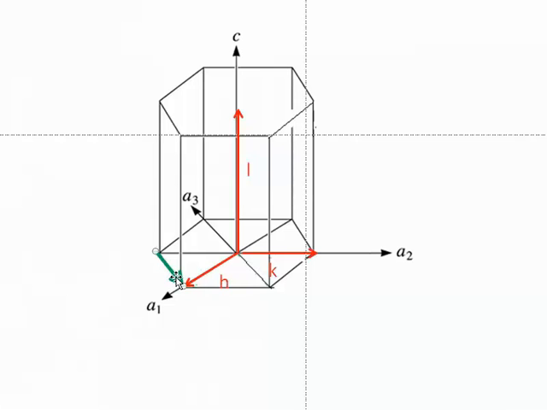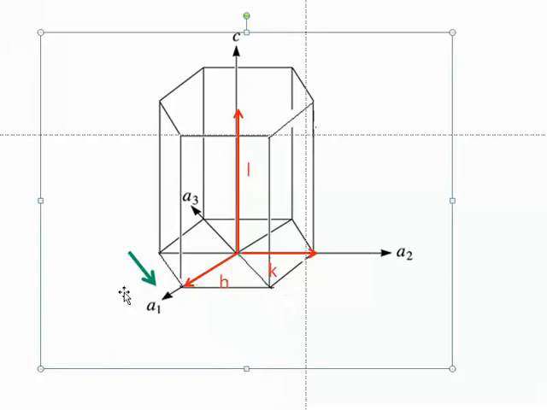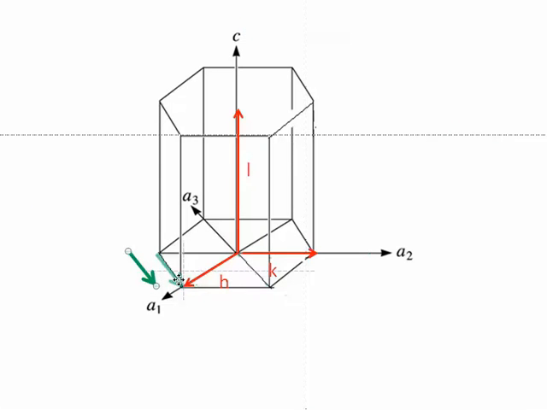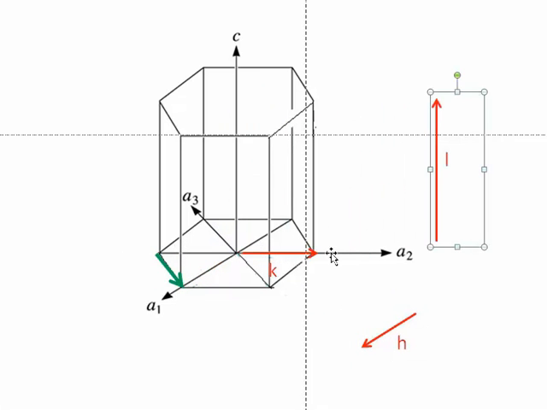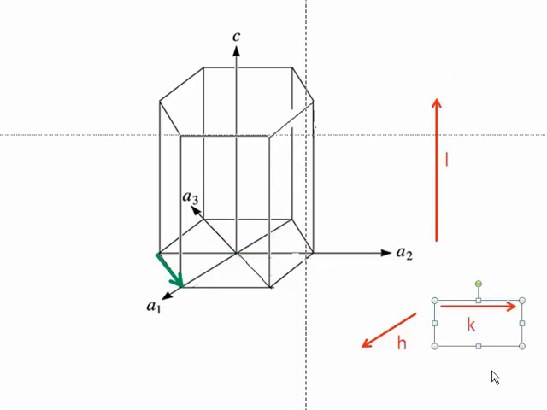Let's see how we can represent this direction, shown by the green arrow, as a combination of the vectors h, k, and l. That is the aim of finding the Miller indices of any direction. So, how can we create this vector through a combination of these three?